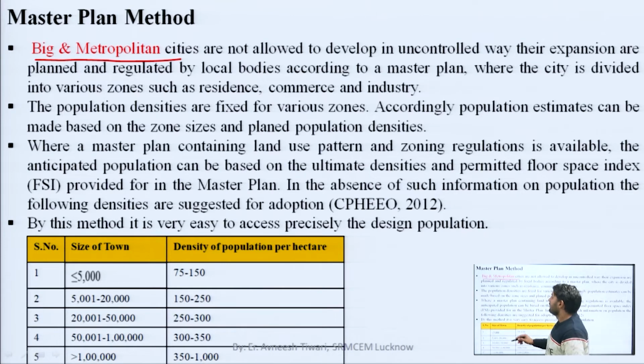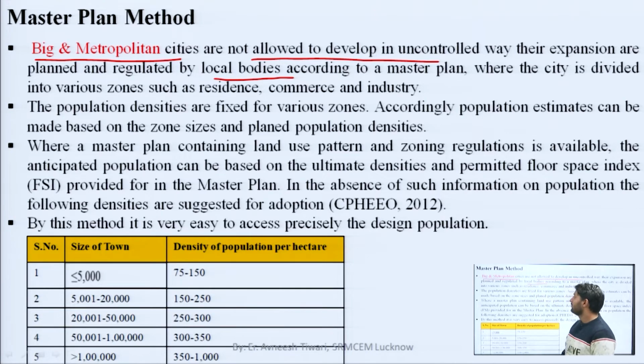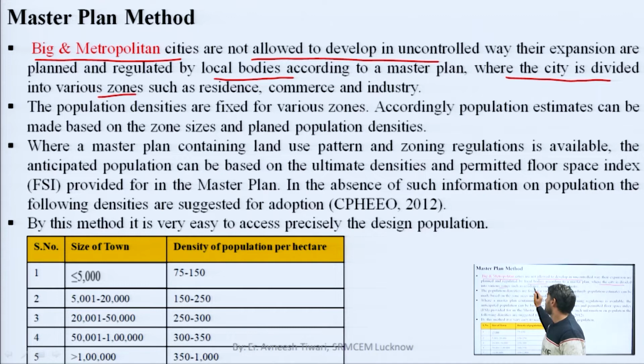According to this method, these cities are not allowed to develop in an uncontrolled or haphazard way. For their growth there are certain rules and regulations, planned by local bodies, and they include the division of the city into various zones: residence zone, commercial zone and industrial zones.